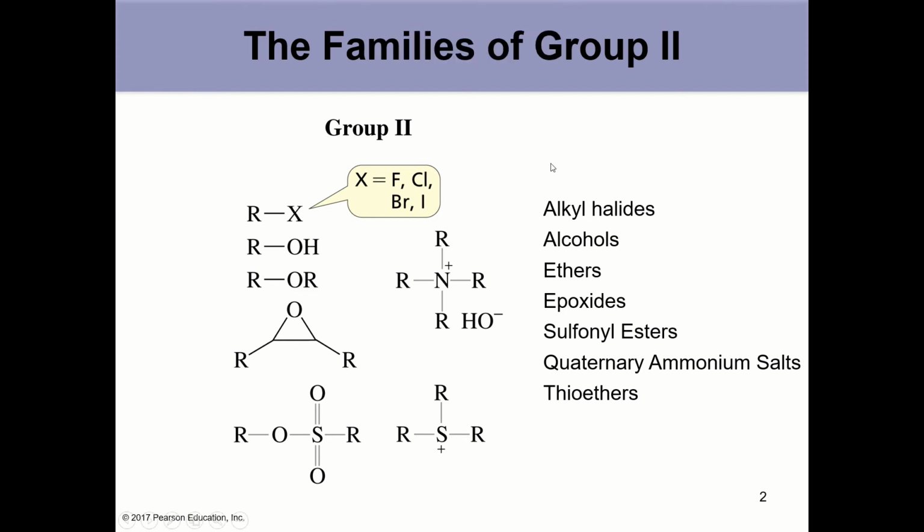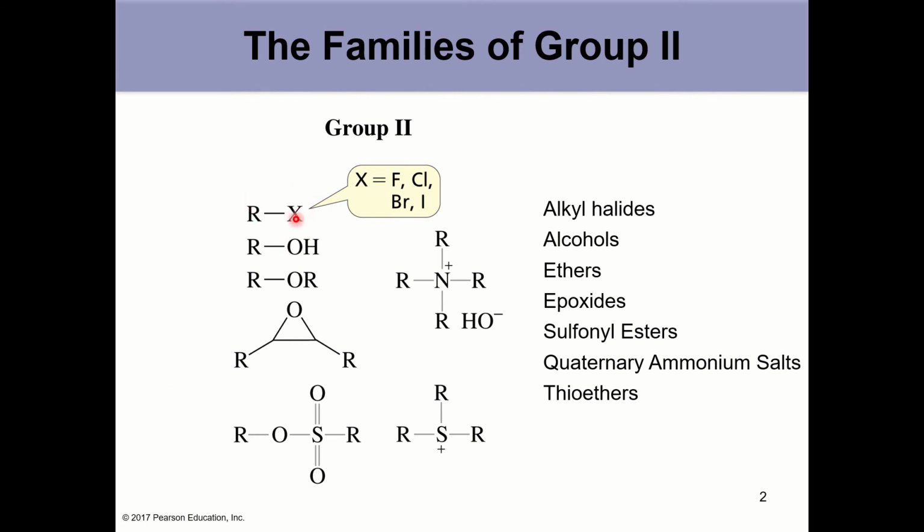So in terms of making alkyl halides, that's covered in chapter 11. Reactions of alkyl halides, many different nucleophiles replace halogen atoms, and so that is going to be covered largely in this chapter as well, chapter 9.